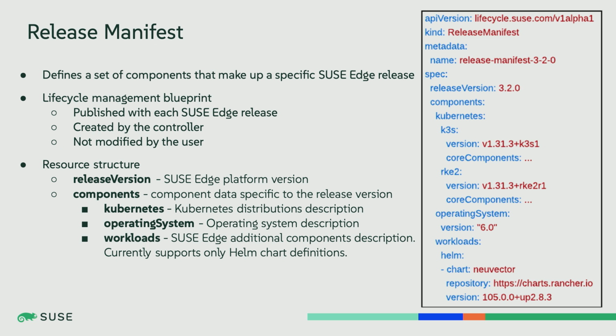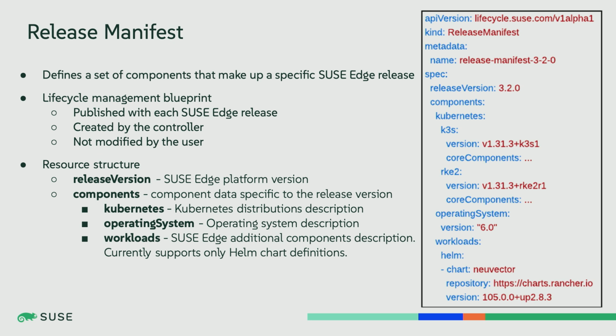First, let's look at the custom resources that Atanas touched on briefly, starting with the release manifests. As he said, it's essentially a database or a blueprint showcasing all of the components that make up a specific Edge release. The release manifest is built for each Edge release and is intended to be deployed by the upgrade controller, easing the configuration burden on the user.